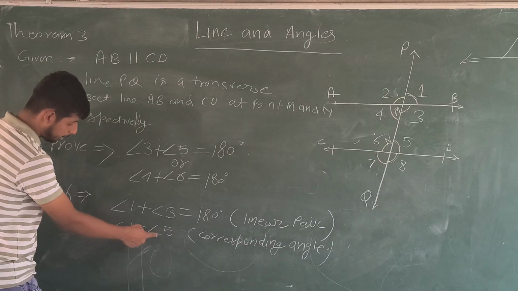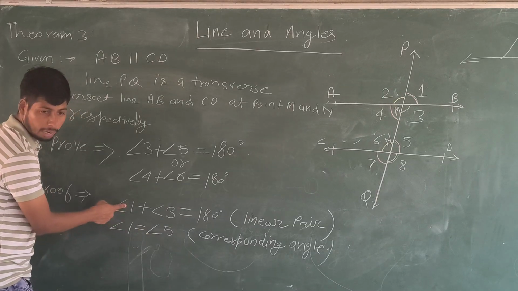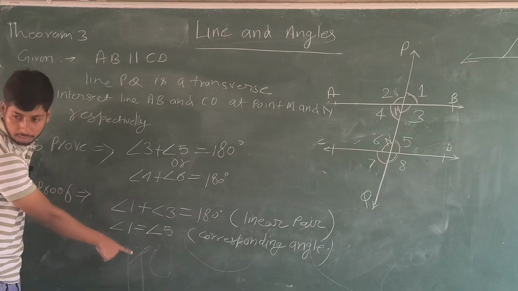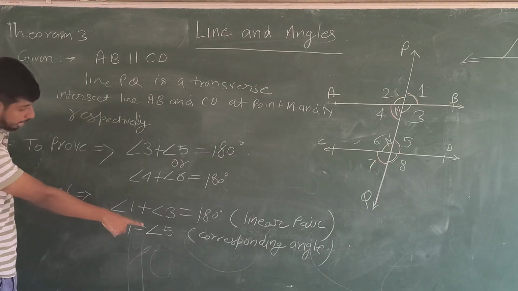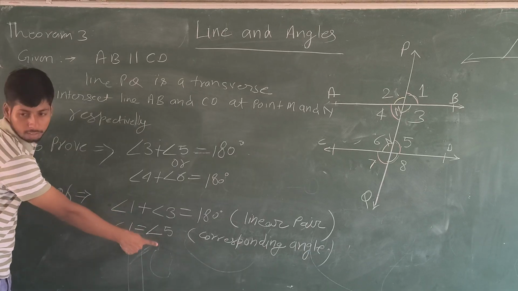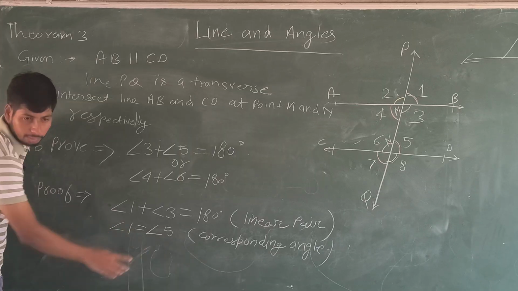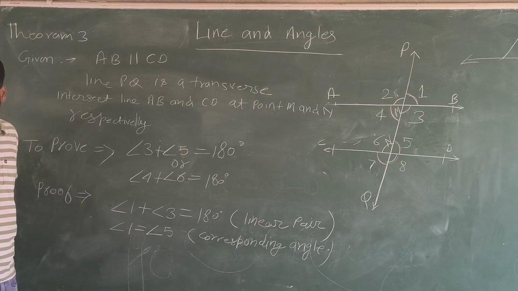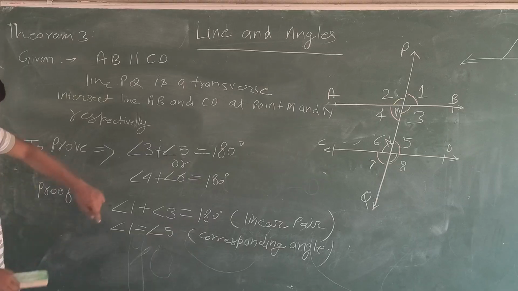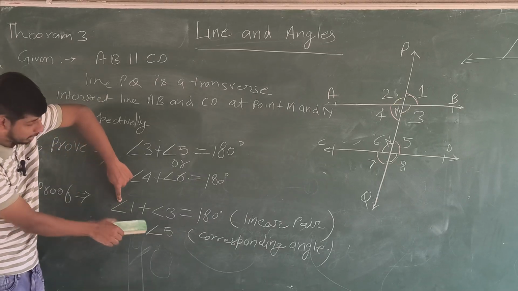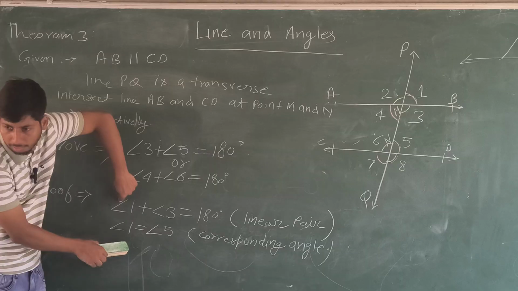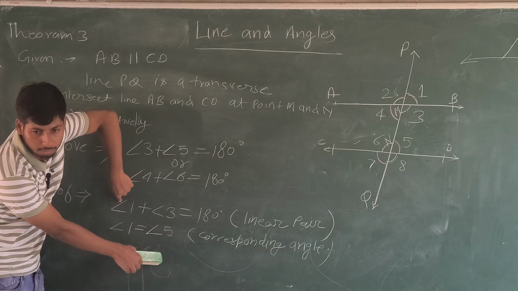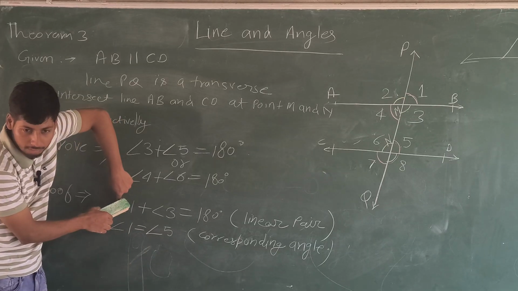Can we replace angle 1 with angle 5 in this equation? Yes, because both are equal. Angle 1 is equal to angle 5.